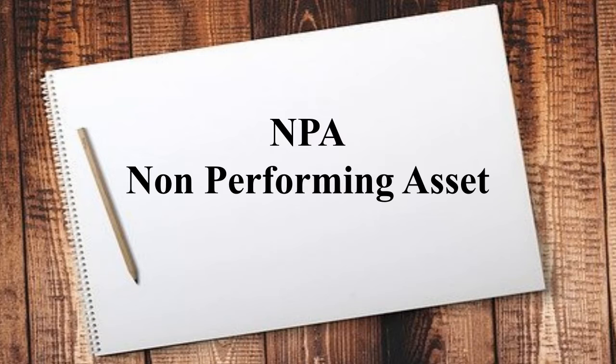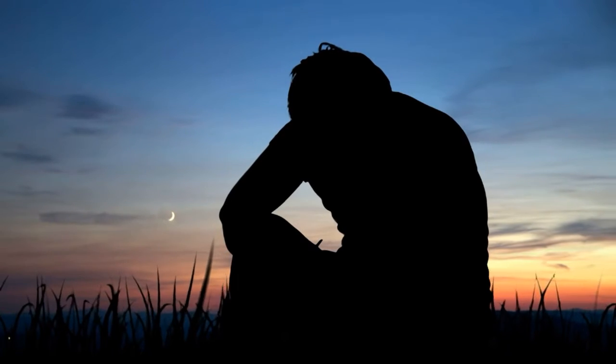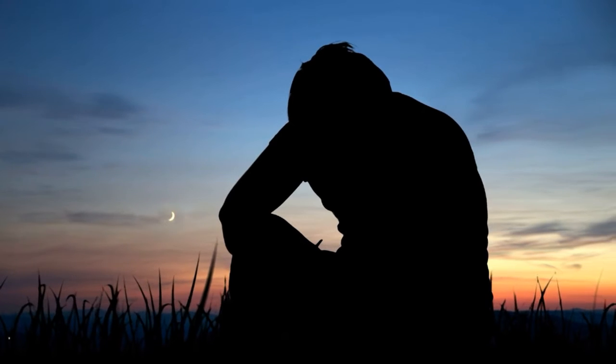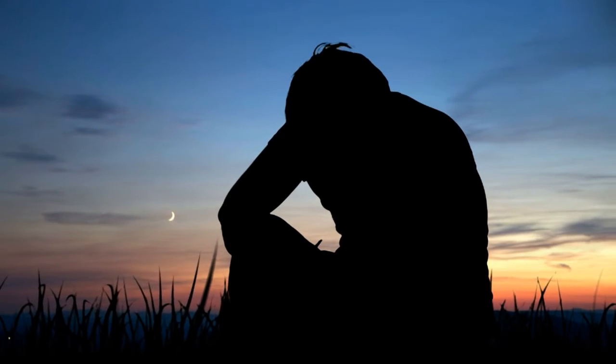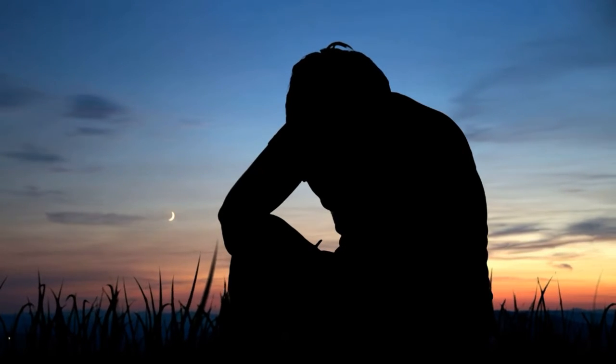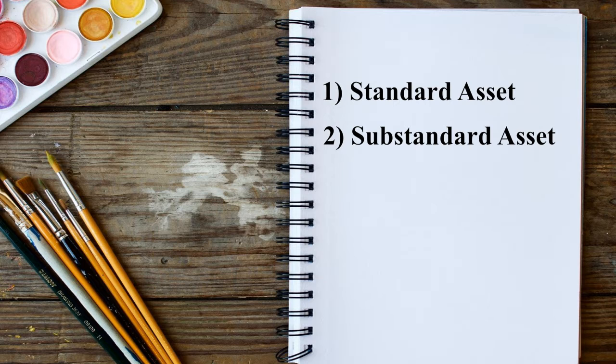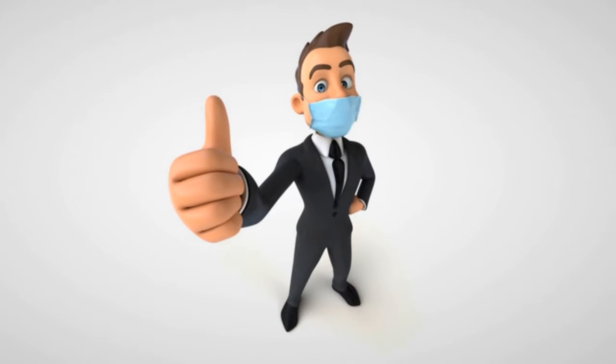Now the next division is substandard asset. If a customer is still not able to repay the amount from 90 days to 12 months, then that asset becomes a substandard asset. I hope you get these two divisions.